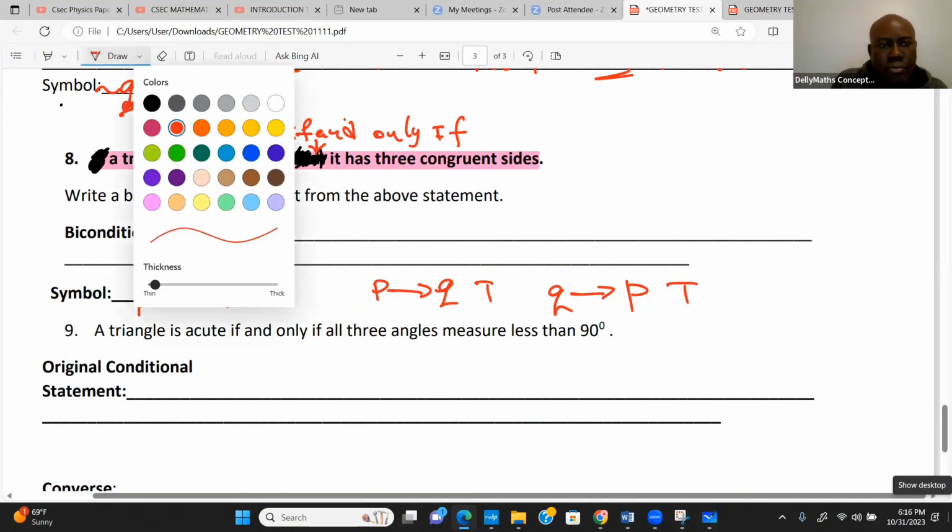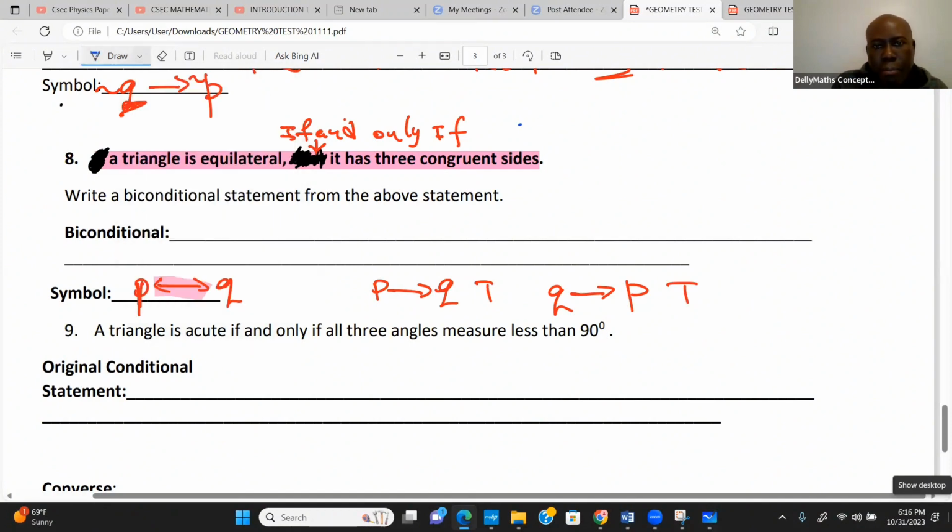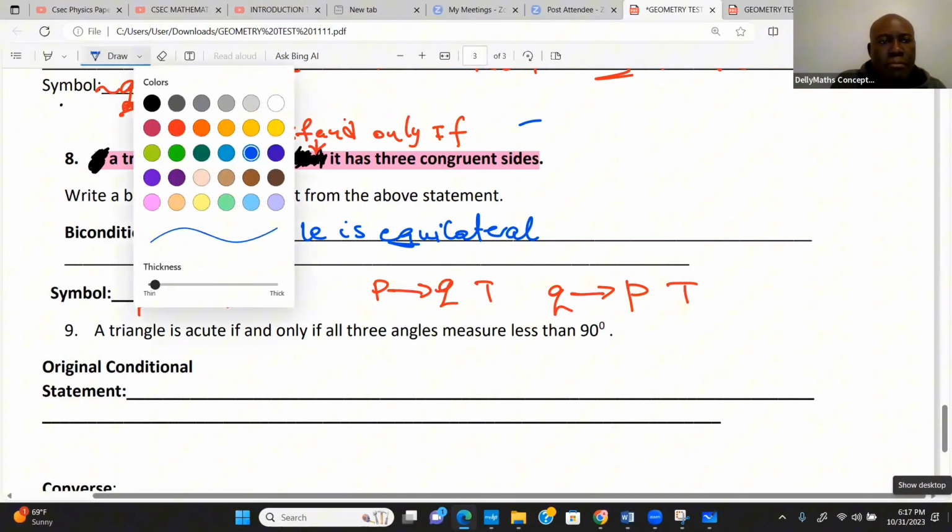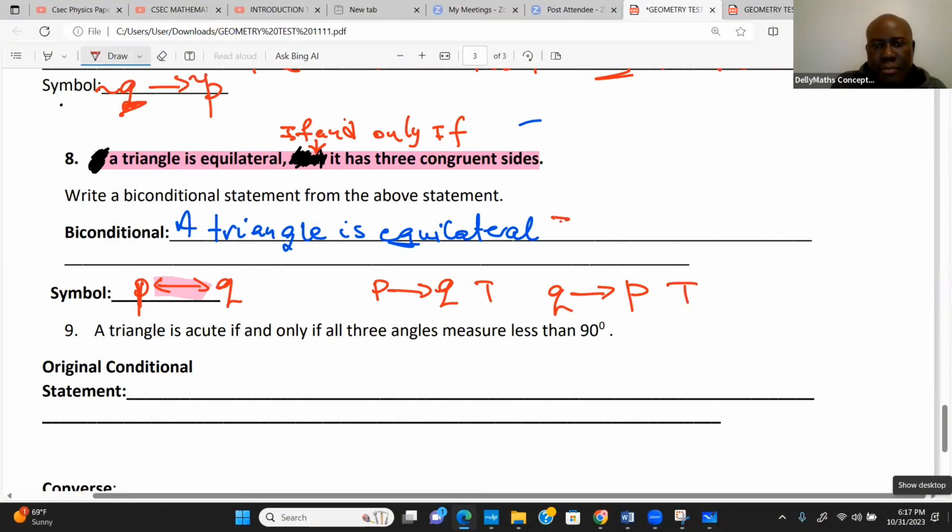So for example, this is gonna be the statement. We're gonna say a triangle. You notice I'm not gonna say if. So biconditional statement does not start with if. So a triangle is equilateral. And now we're going to put in this.